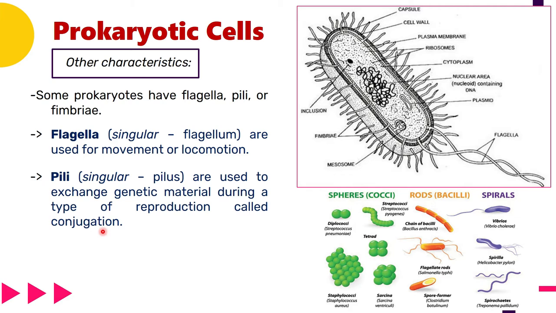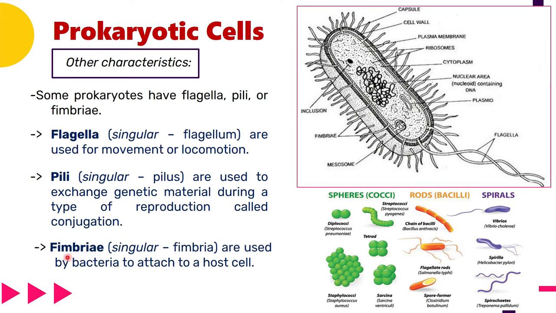Okay? Then last, we have the cell structure called fimbriae, or singular fimbria. The function of fimbriae is that they are used by bacteria to attach to a host cell, to secure the attachment or sticking to another cell. Okay?